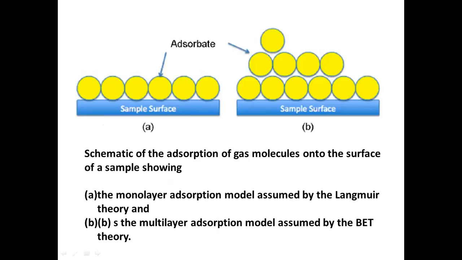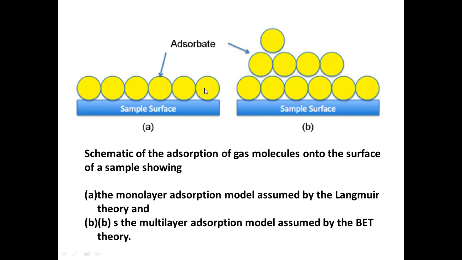Further, the difference between what we studied earlier, the Langmuir adsorption isotherm, and the BET isotherm. This is the case for the Langmuir adsorption isotherm, which is called monolayer adsorption. This is the surface of the adsorbent, and this is the adsorbate which is going to adsorb on this surface.